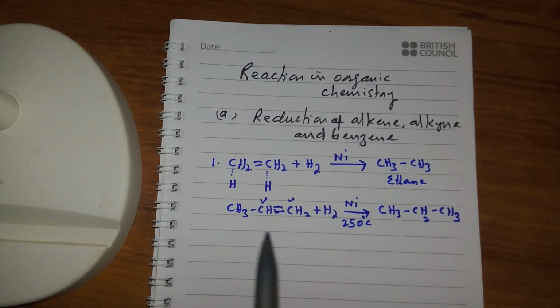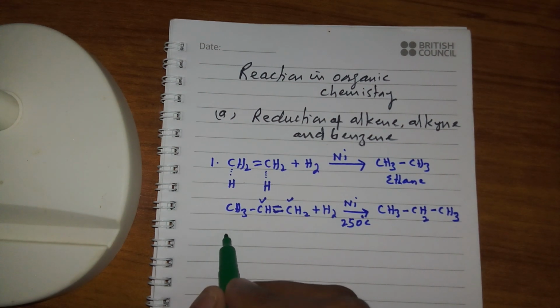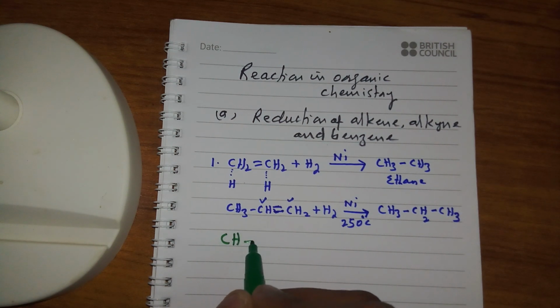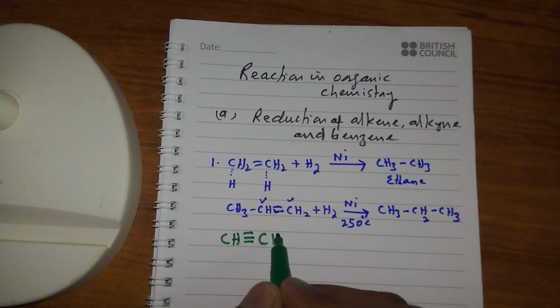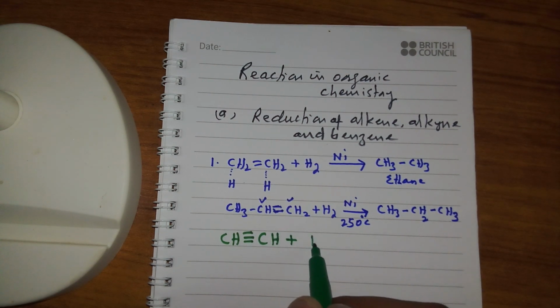For example, we have ethyne, CH triple bond CH, when it reacts with hydrogen.